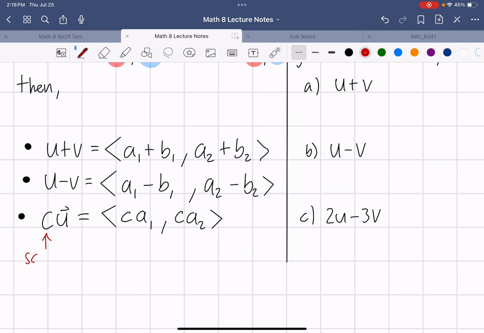So this is known as scalar multiplication. So we have addition, subtraction, and multiplication, but a very specific multiplication. Not a multiplication between two vectors, but this scalar.